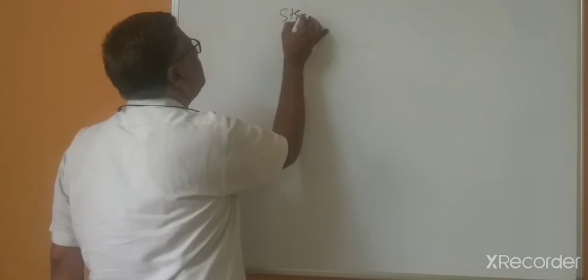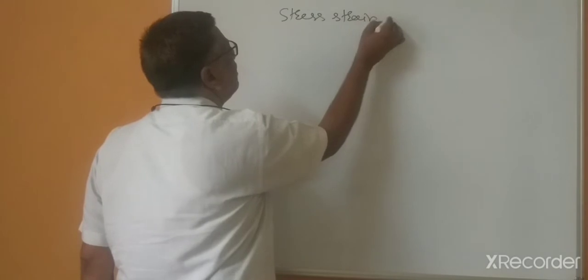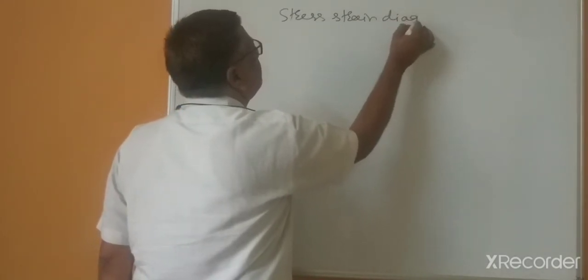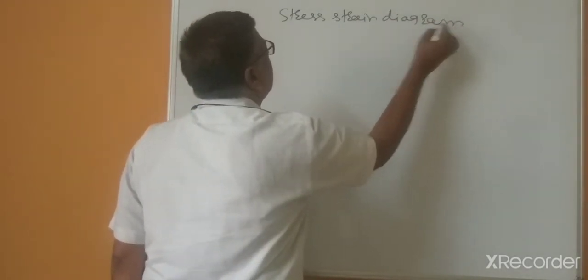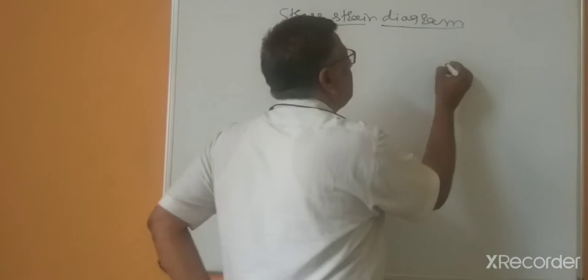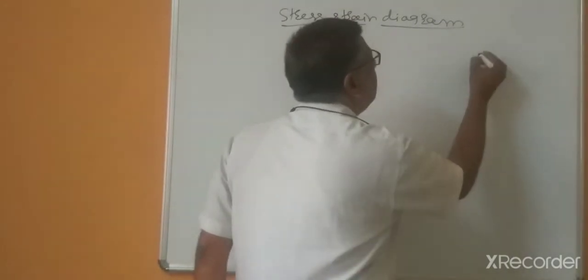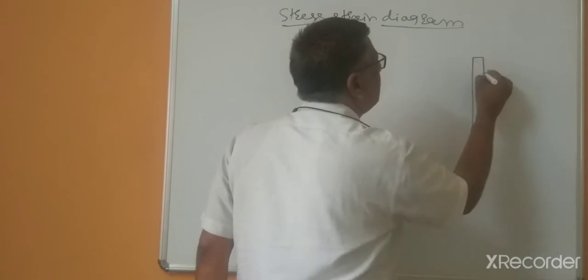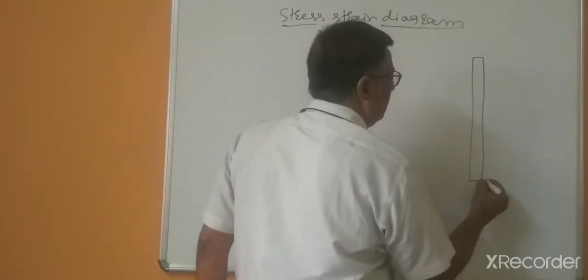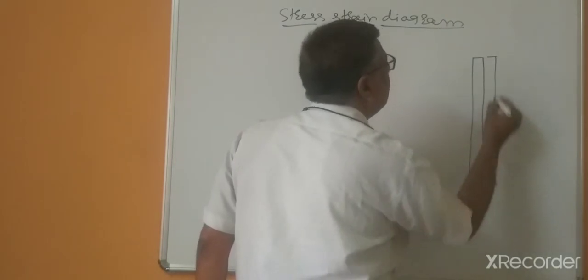So important is the stress strain diagram. This is a very important article in the first chapter. Suppose this is a test specimen, and this length may be 300 or 400.